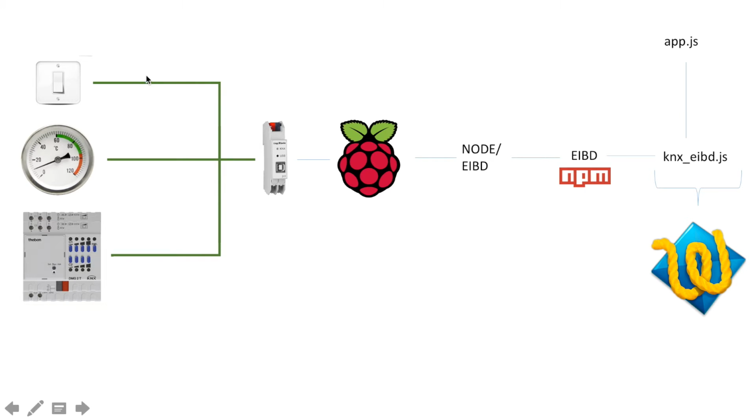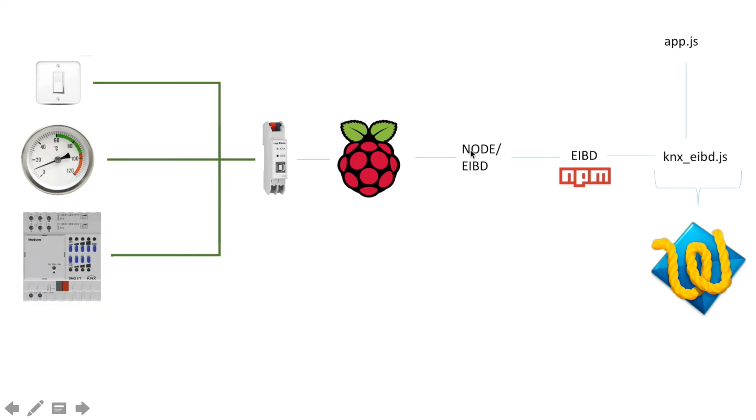So this is just the high-level architecture. We have our KNX system which is installed in the house. So we've got our switches, temperature gauges, actuators and so on, and we're connected to the bus using a USB interface, and that links directly to the Raspberry Pi.